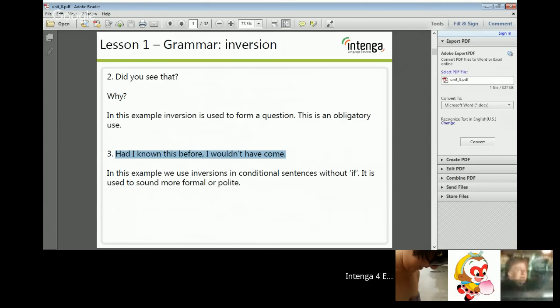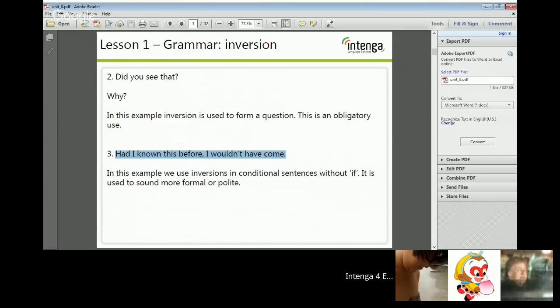Okay, so let me just write it in the chat box here. If I had known this before, I wouldn't have come, is how we would say this probably in a normal conditional way. Now, as much as I love to teach conditionals, I've never taught this high level.